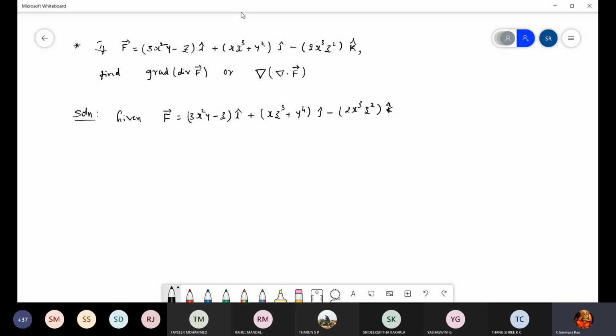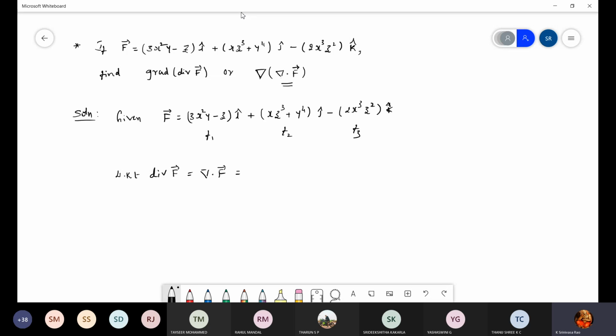So this is f1, this is f2, and this is f3. First we have to calculate the divergence, so you should solve this problem from the right side. First you have to calculate div f, which is nothing but del dot f.